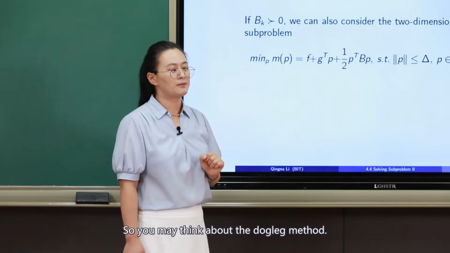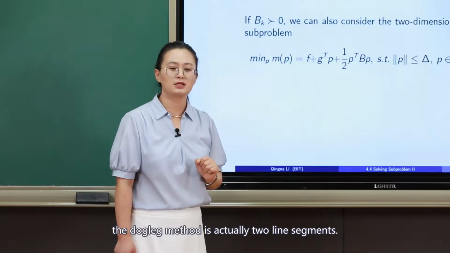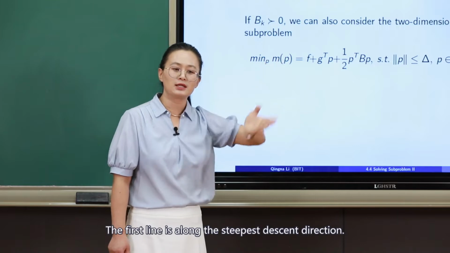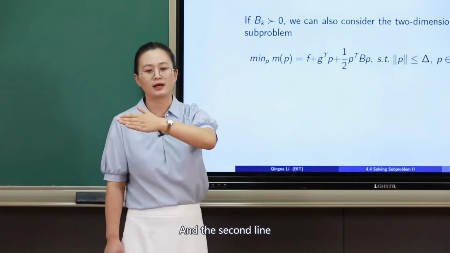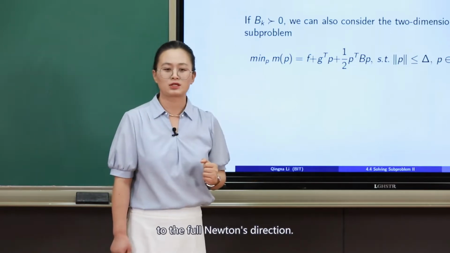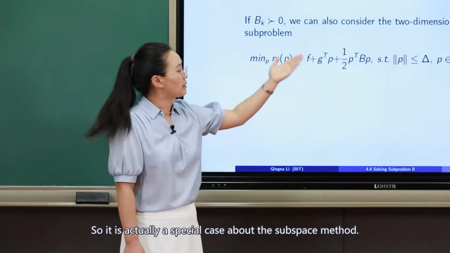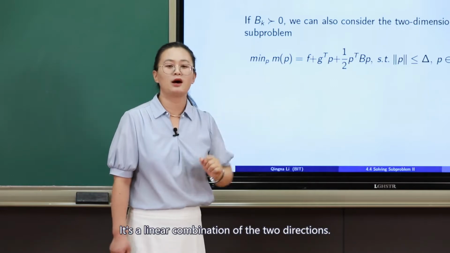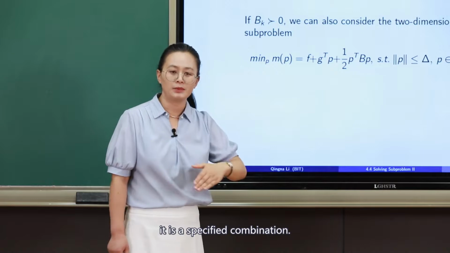So you may think about the dogleg method. As we mentioned before, the dogleg method is two line segments. The first line is along the steepest descent direction, and the second line is moving from the steepest descent direction to the full Newton direction. So it is a special case of the subspace method. It is a linear combination of the two directions, however, a specified combination.